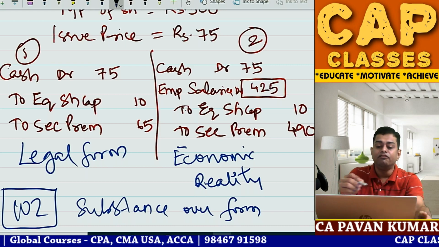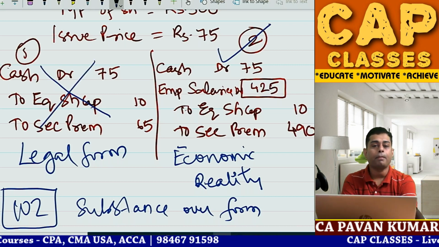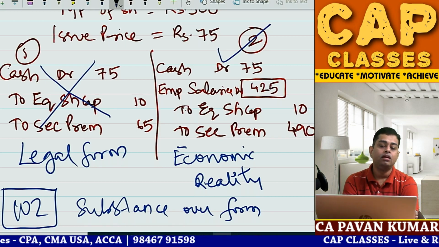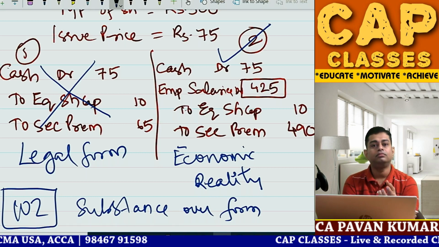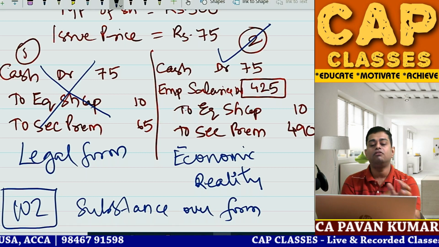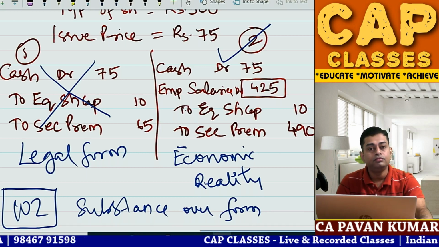That is the reason we pass the second journal entry and the first journal entry is wrong. You understand? So with this introduction, with this little bit of background, welcome to Ind AS 102.